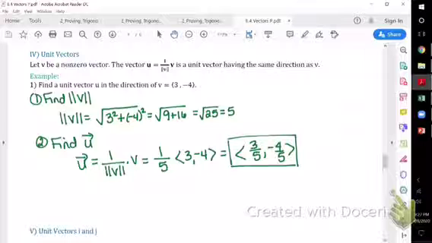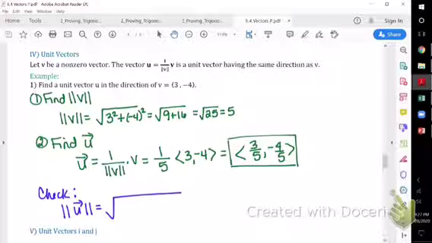But remember, I said you can check these, so let's do that. Let's check it. If it is a unit vector, its magnitude will be 1. So let's find the magnitude of vector u. We're going to take the square root of the components squared and added together.